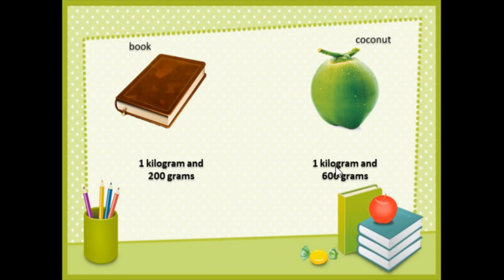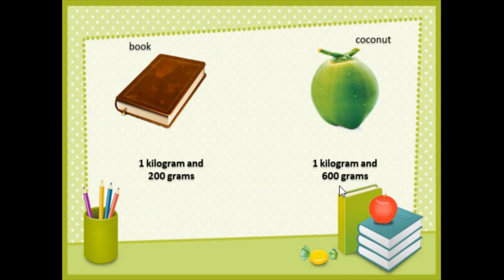So, we try looking at the grams. How many grams is the book? Okay, good job. It's 200 grams. How about the coconut? 600 grams.